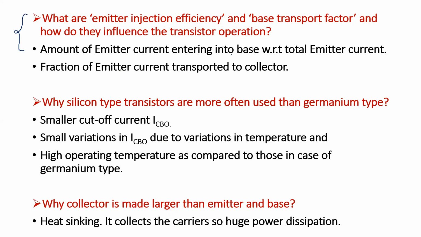The small component is almost negligible. The fraction of the emitter current that is entering into the base, the ratio of that current to the total emitter current, is known as your emitter injection efficiency. And the fraction of the emitter current that is entering into the collector region after passing through the base region, because some current is recombined in the base, that ratio is defined as the base transfer factor.